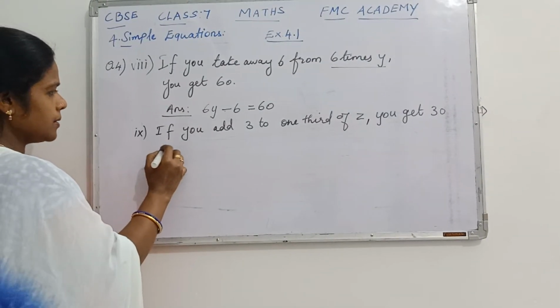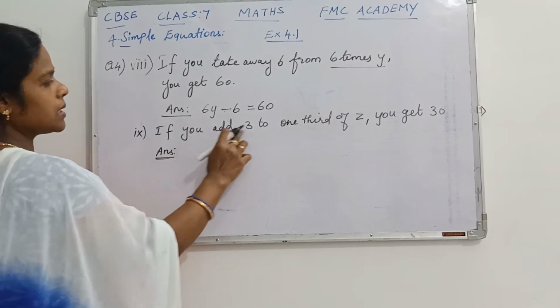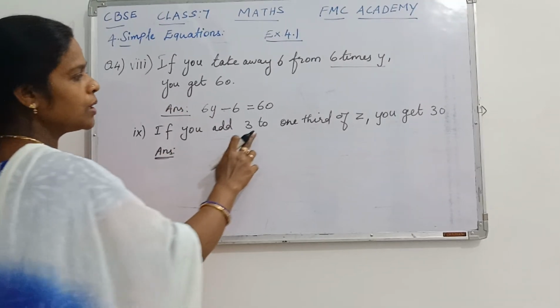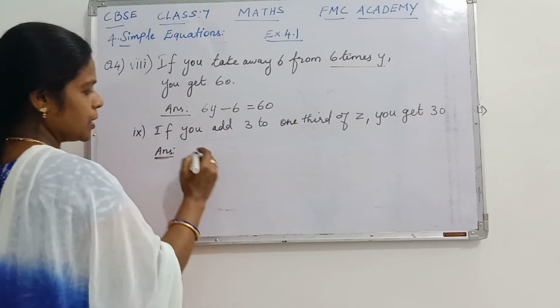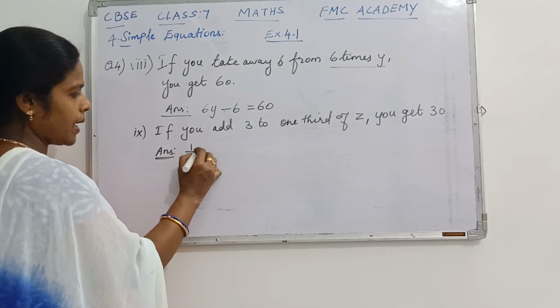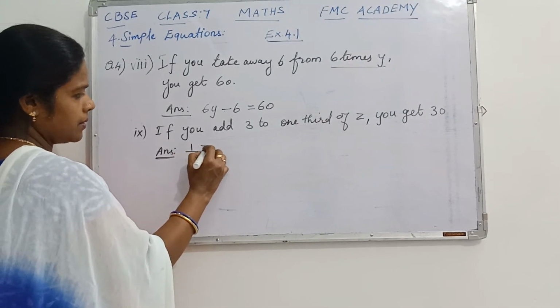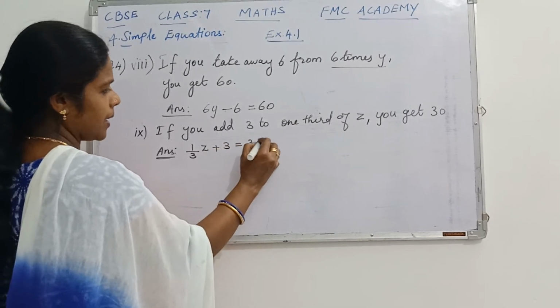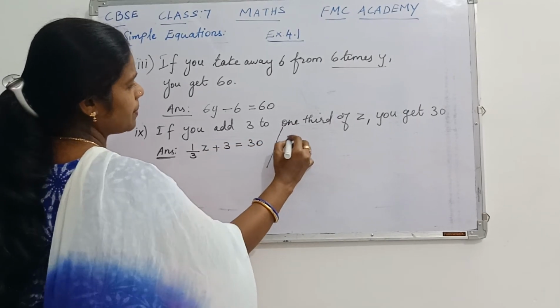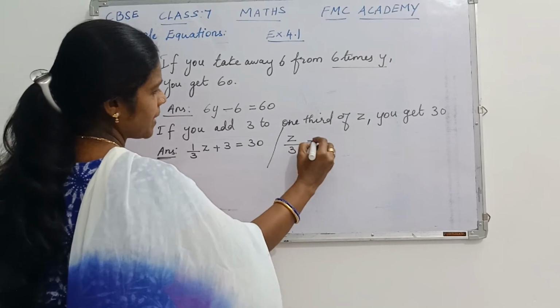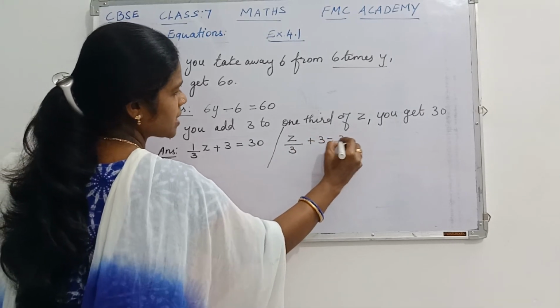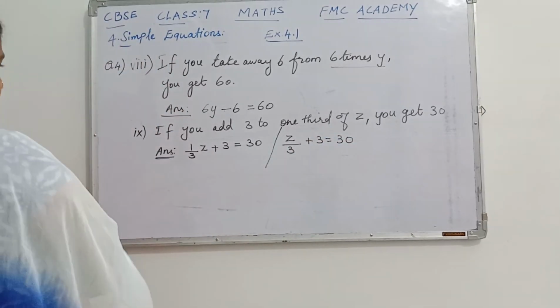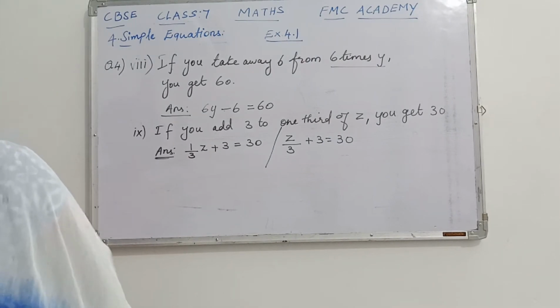If you add 3, where are you going to add this 3? To 1/3 of z. So 1/3 of z means 1 by 3 z plus 3, you will get answer as 30. Or you can write z by 3 plus 3, which will give you answer 30. Okay.